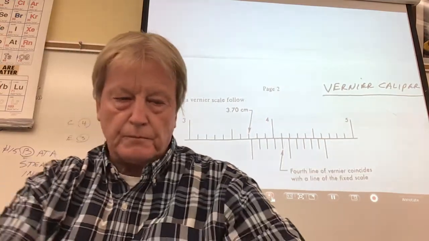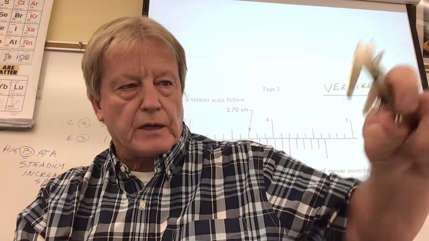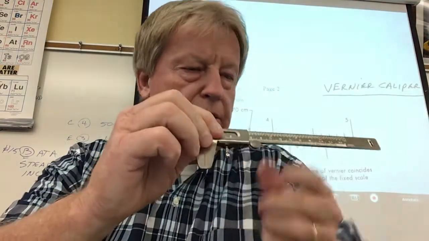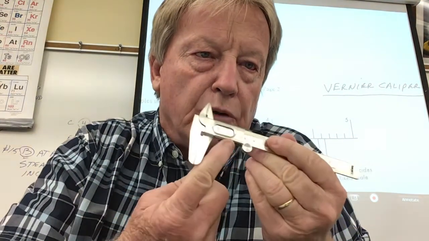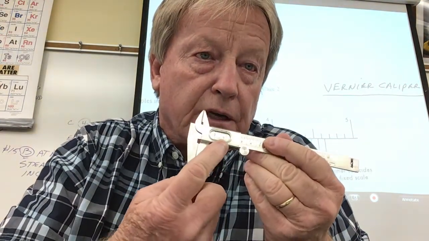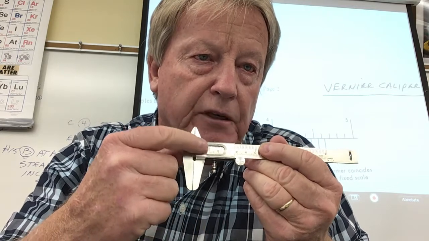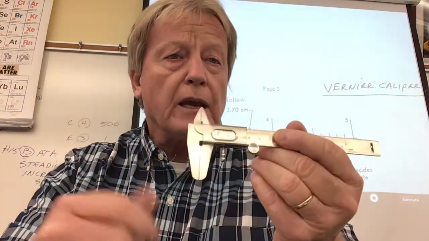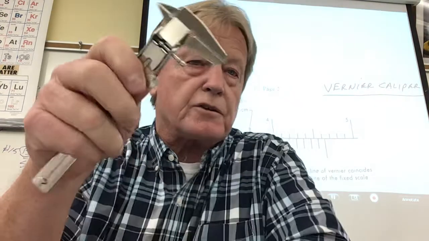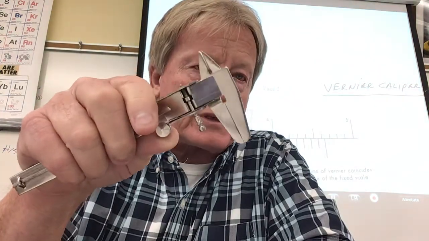When I close the calipers, right there, the 0 on the movable scale, called the vernier scale, should line up with the 0 on the fixed frame. What did I just do? I just zeroed my instrument. I made sure 0 was 0.